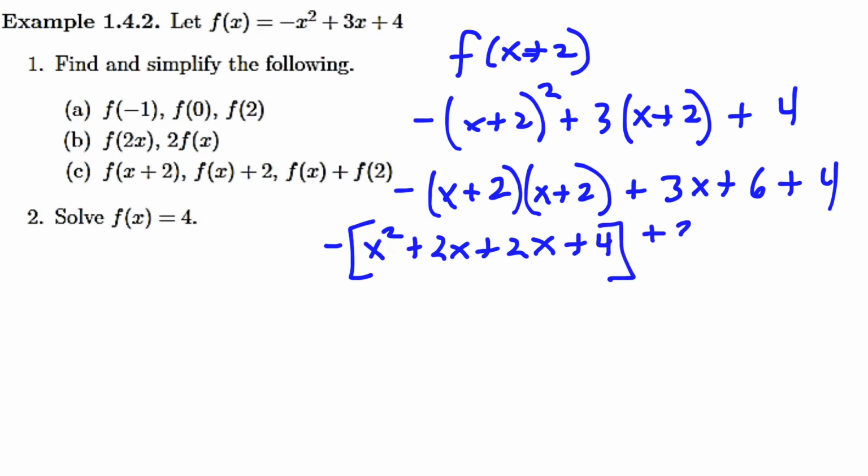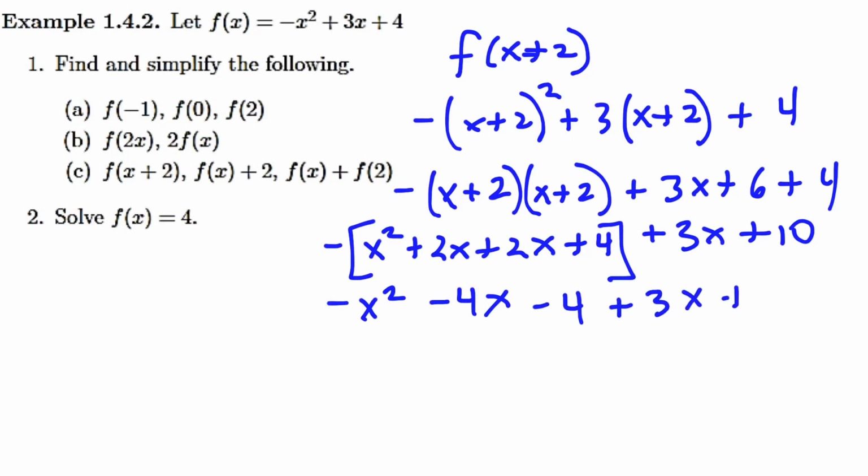All right, so plus 3x plus 10 over there. So this is -x squared minus 4x minus 4 plus 3x plus 10. All right, so let's check it. So I applied the minus. All right, there's 2 of those, so that's 4x.